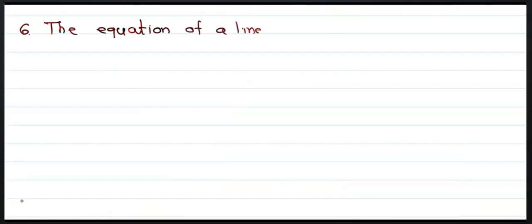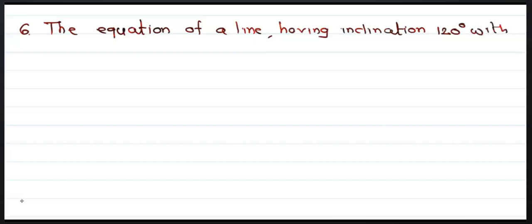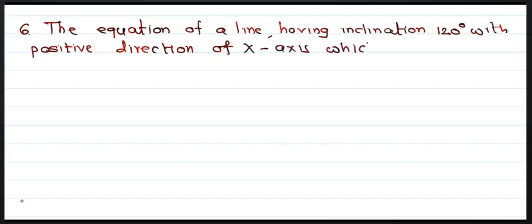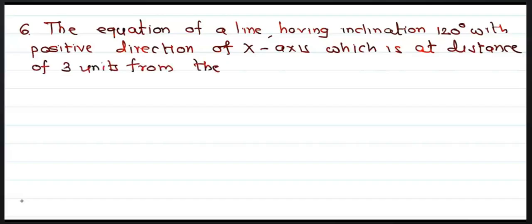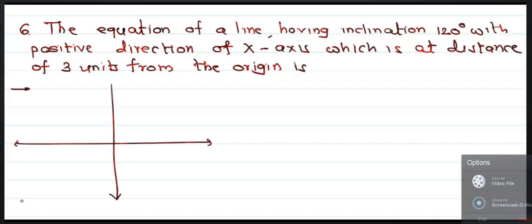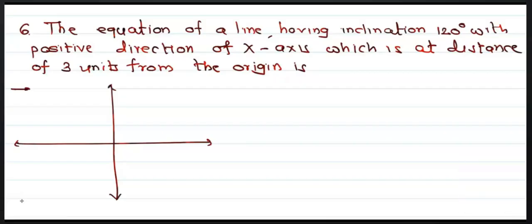The equation of a line having inclination 120 degrees with the positive direction of the x-axis, which is at a distance of 3 units from the origin is. Now we will see here. The question is important.